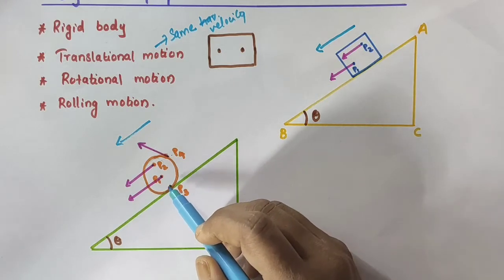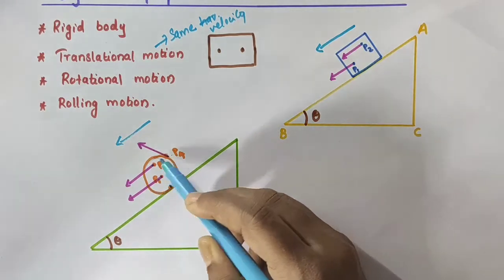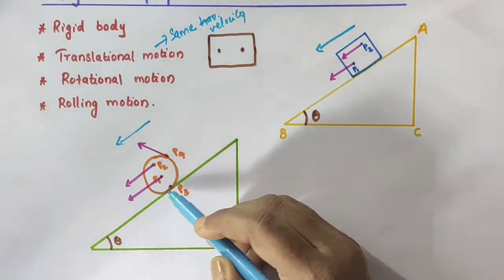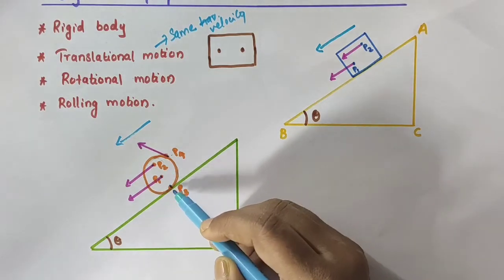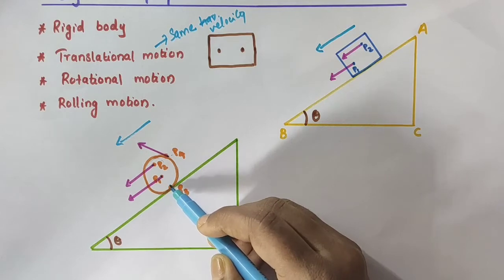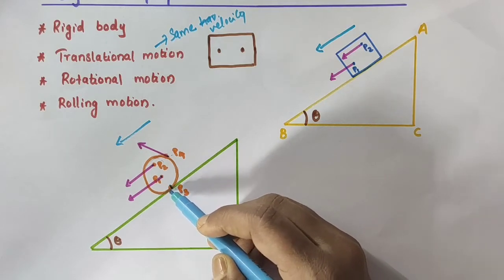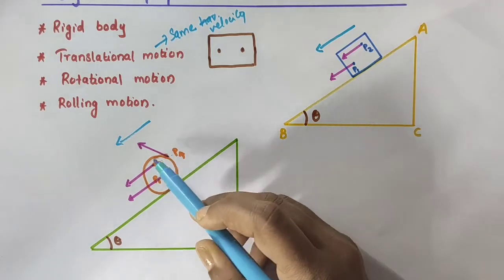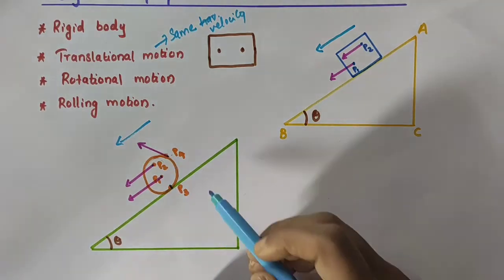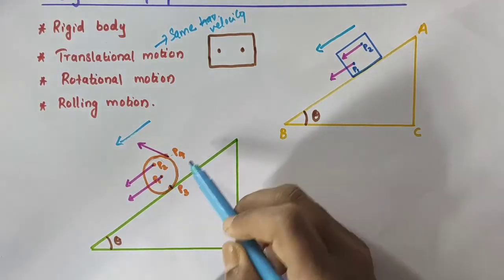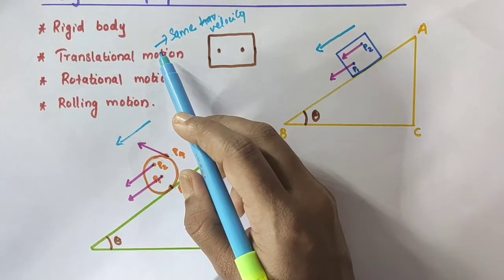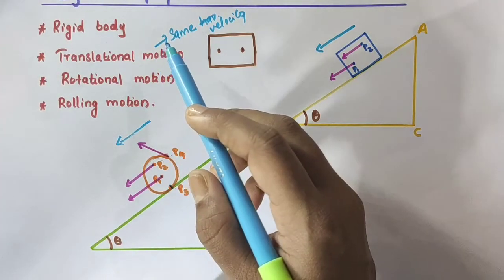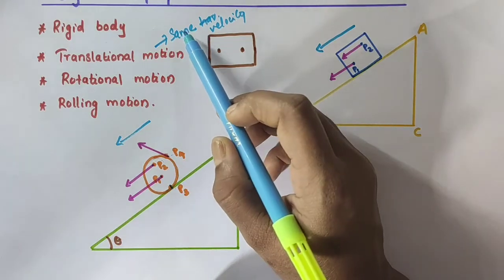The point of the rolling body which is in contact with the surface, that is P3, will have velocity 0 at any instant if the cylinder is rolling without skipping. So, the motion of the cylinder is not a pure translational motion for sure, because in pure translational motion, all the points of the body have the same velocity.